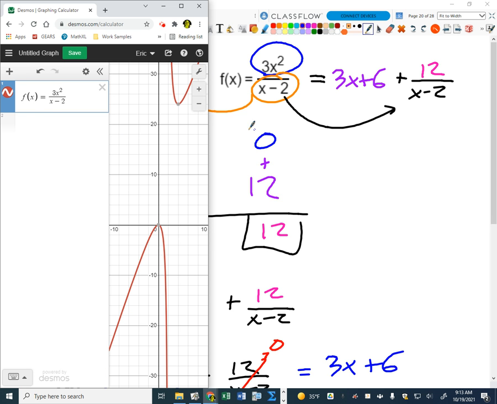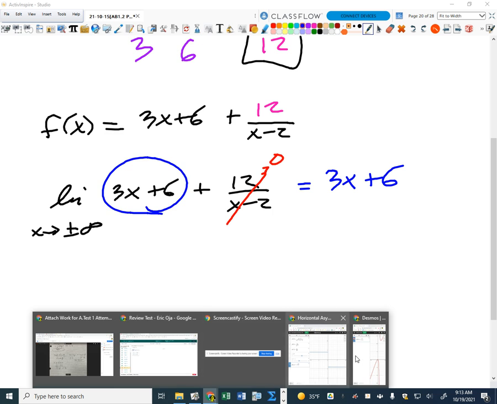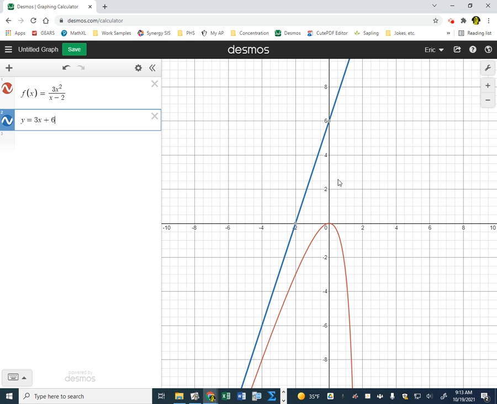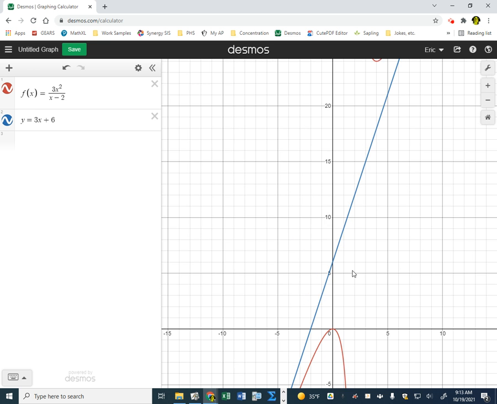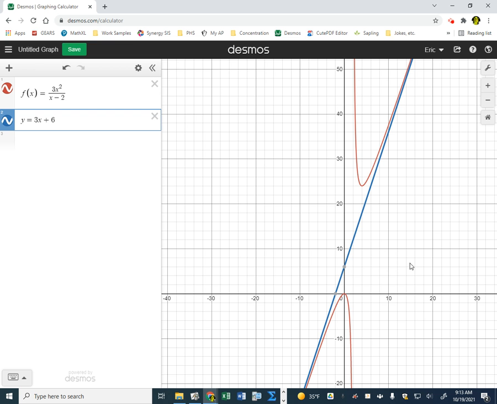Okay, so there's that function. Now let's graph our asymptote, 3x plus 6. Look what happens. You can see that thing start pretty quickly to stick to that slant asymptote. Everybody get that? Okay, that's pretty slick. That gives us a good skeleton for sketching that function.